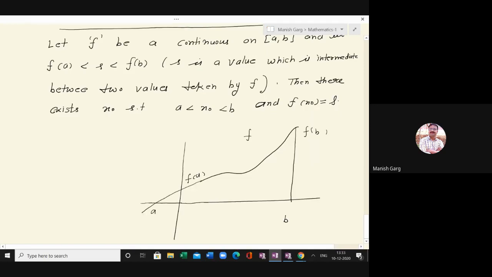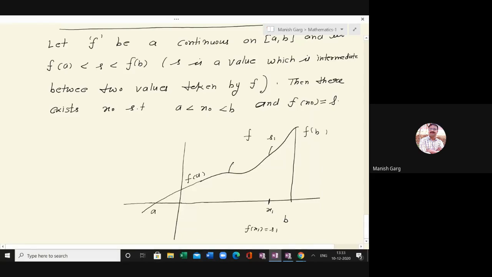Suppose you have a point S1 here. Corresponding to it there will be a point x1 where f(x1) will be S1.